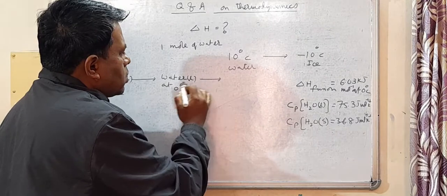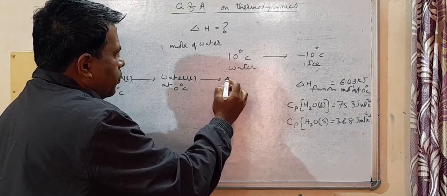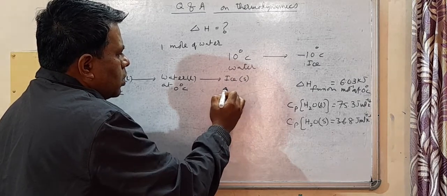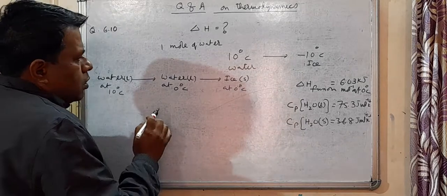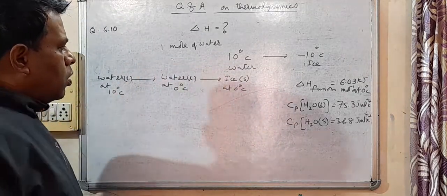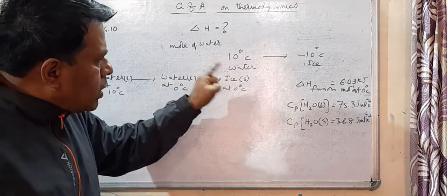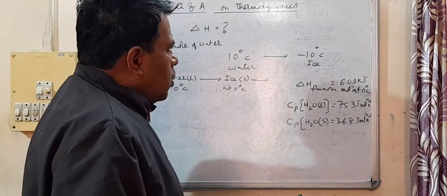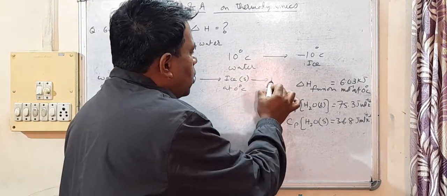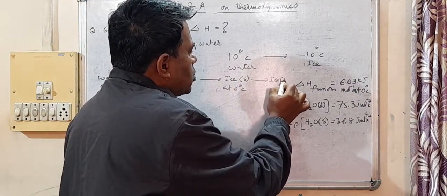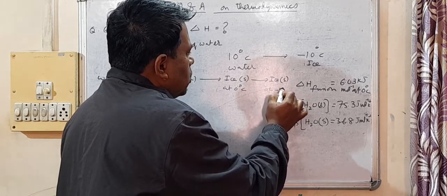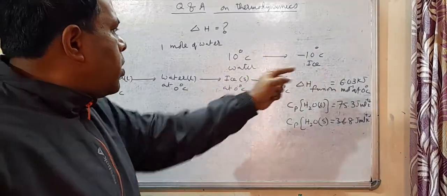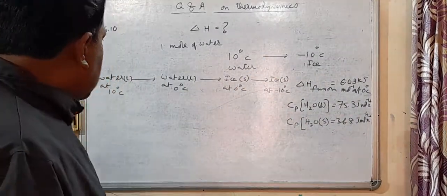Then this will be changed to ice, solid, at 0 degrees Celsius. And then we have to get ice, which is again solid, at minus 10 degrees Celsius. So this change can be divided into these steps.